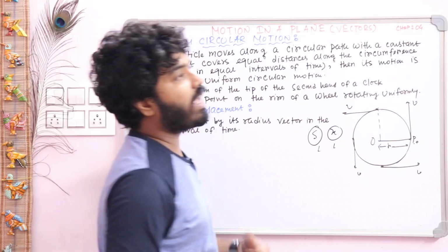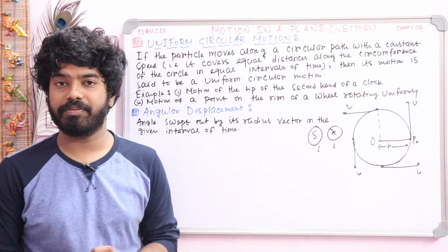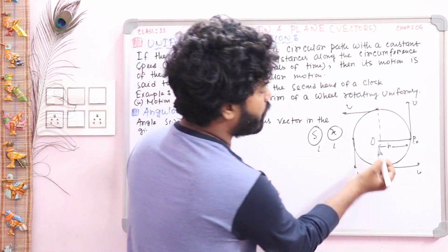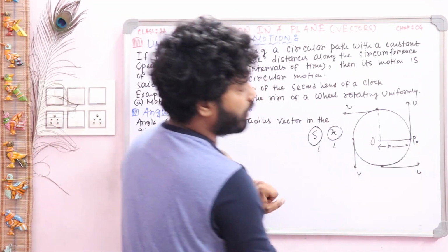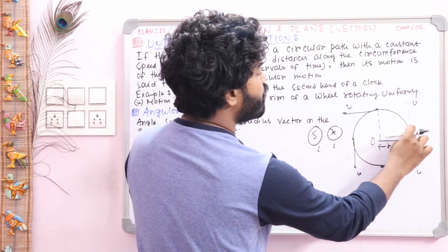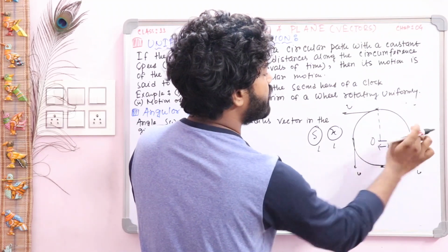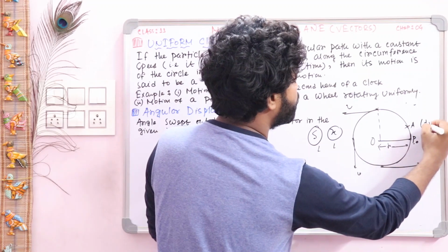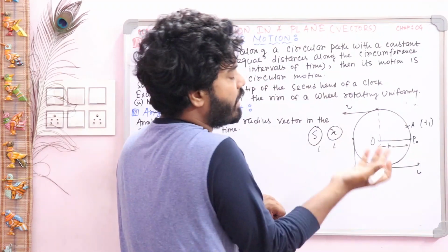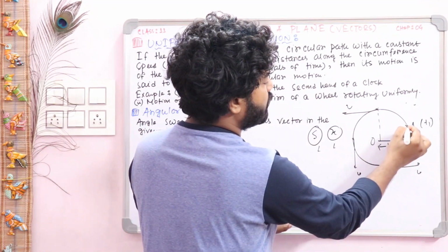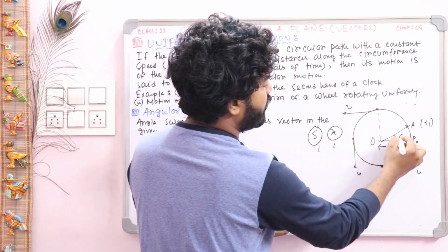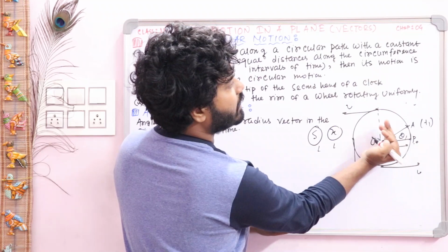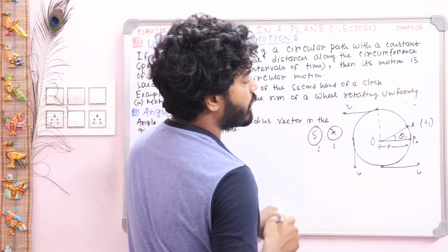Now the question is, what is angular displacement? Suppose a body starts from point P naught. At time t1, the position of the body, this point A, is the position of the body or particle at time t1, and this angle is theta 1. The body is rotating through an angle theta 1 at time t1.